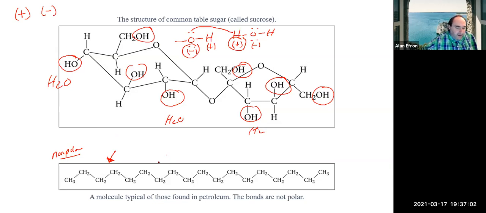Even non-polar molecules are able to do that for a very short period of time. Again, we'll talk about that in a later chapter. As odd as it sounds, even though they're neutral, they're able to very temporarily get into a positive-negative situation. That's also why, if you've ever made oil and vinegar salad dressing and mixed it, it does mix for a bit.